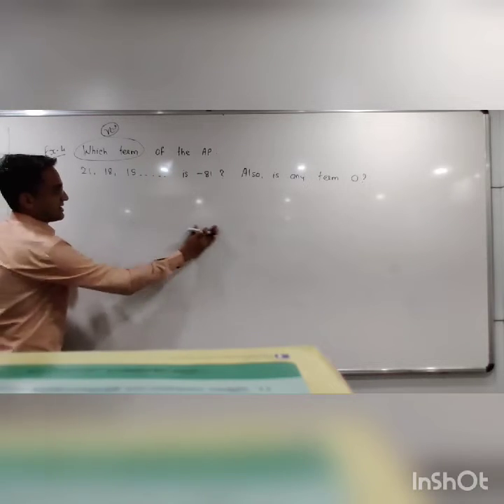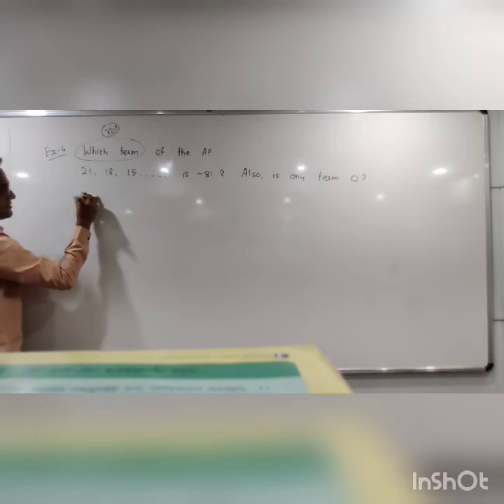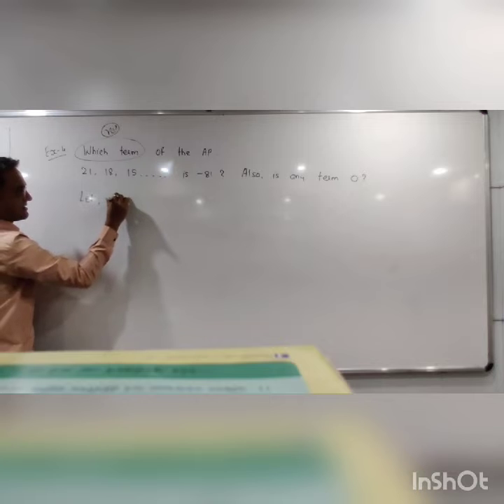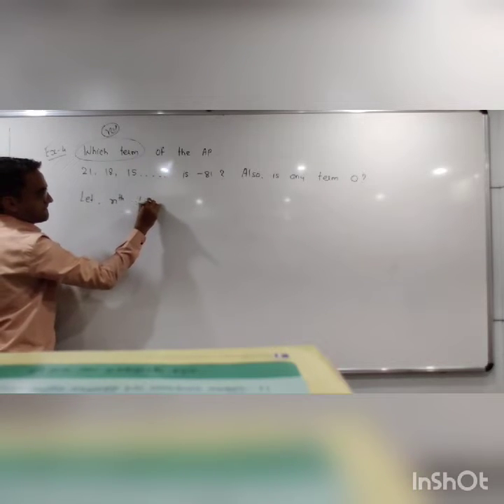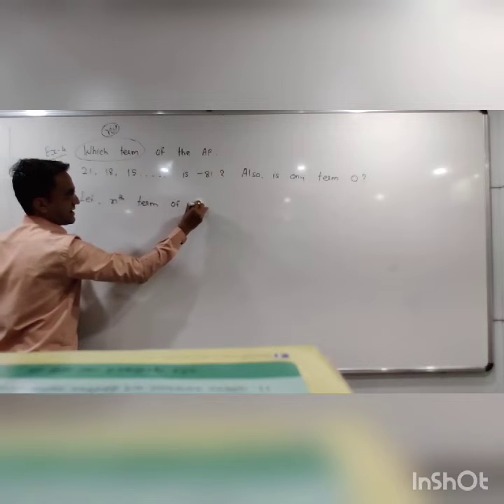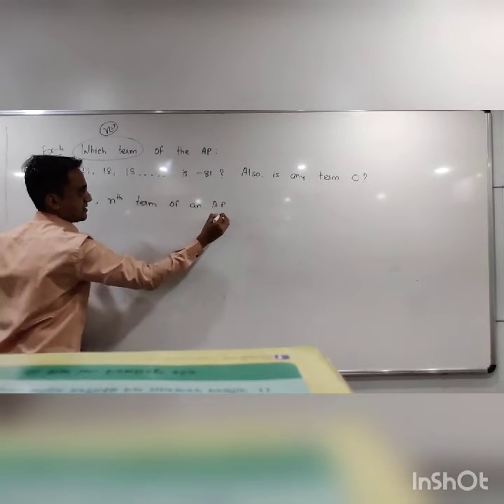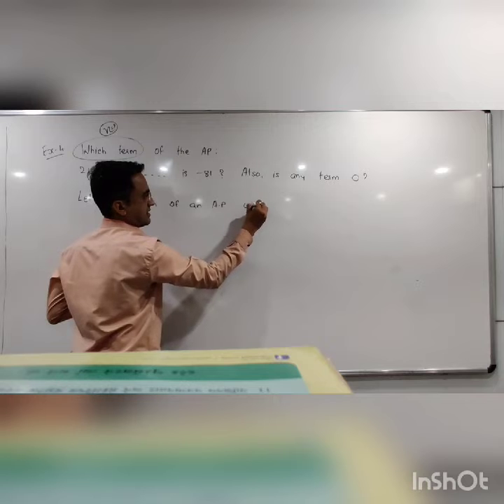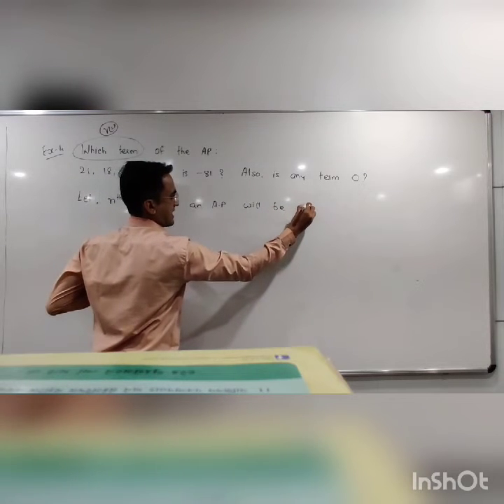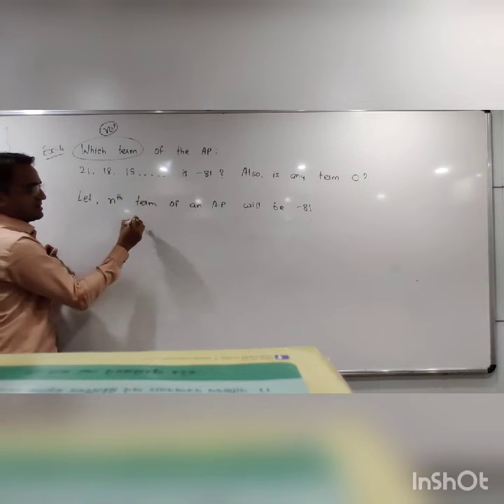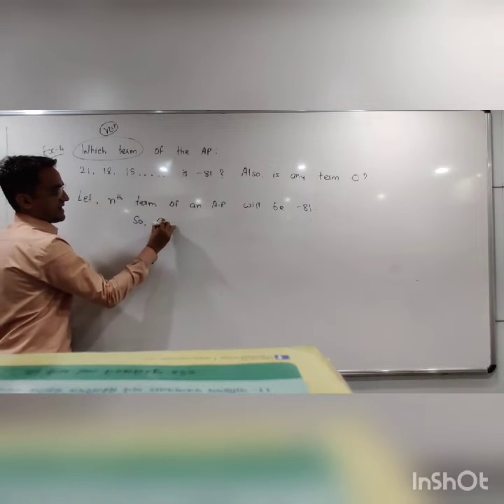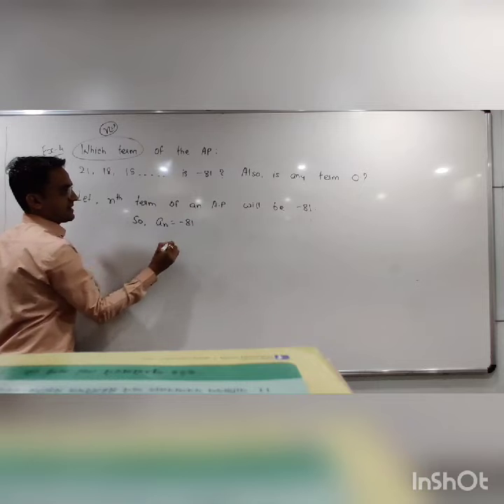So हम असड्यूम करें कि let nth term of an AP will be minus 81. इसकी nth टर्म है हमें पता नहीं है अभी. So an is equal to minus 81.